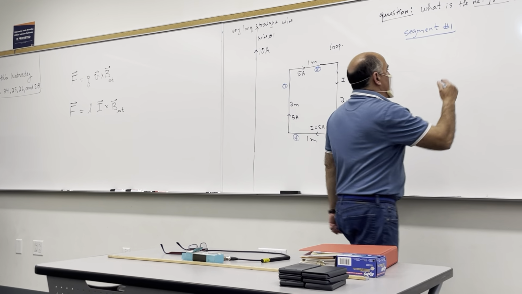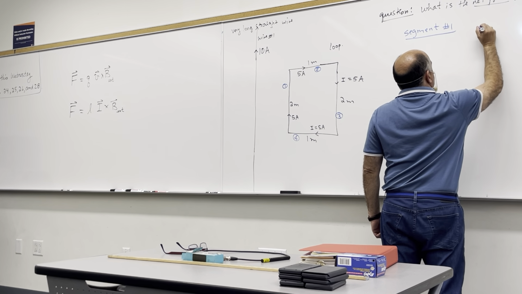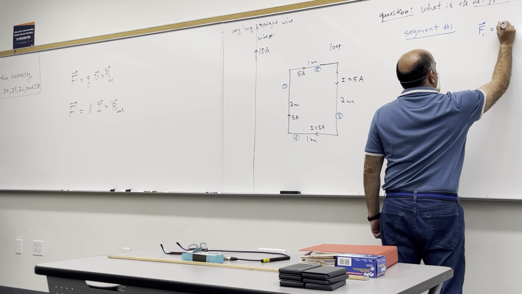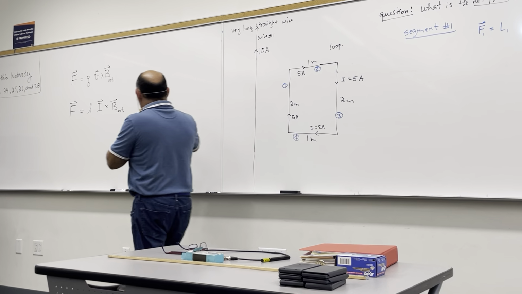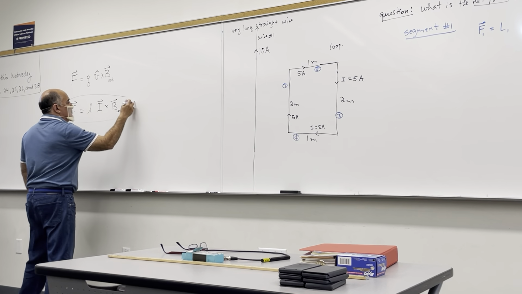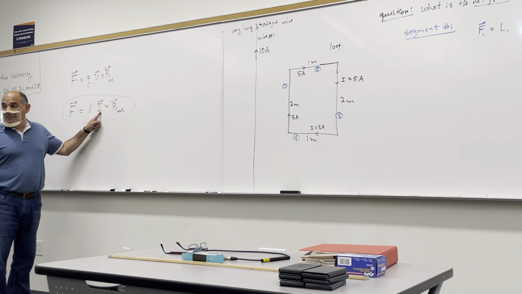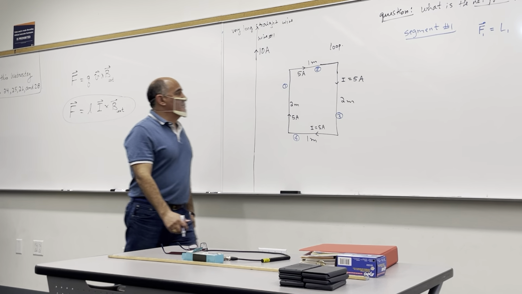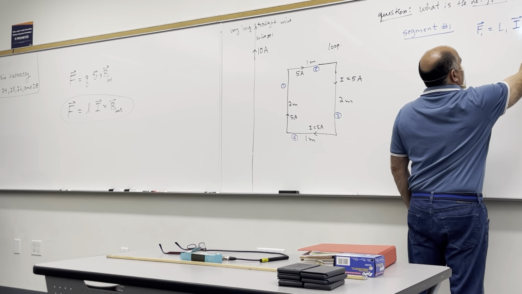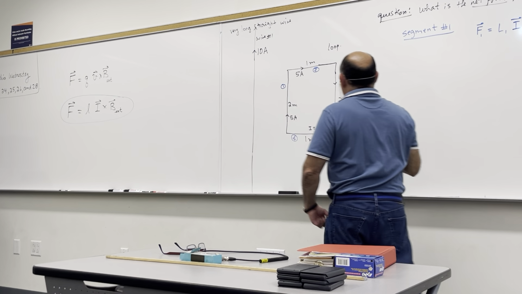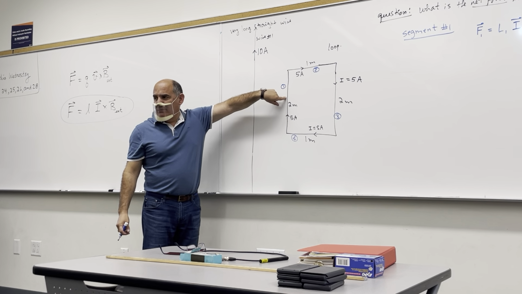So, the force of segment number 1 will be the length of segment number 1, right? I'm using this formula. It'll be the length of segment number 1 times the current in segment number 1, I'll call it just I1, times the magnetic field at the location of this segment.